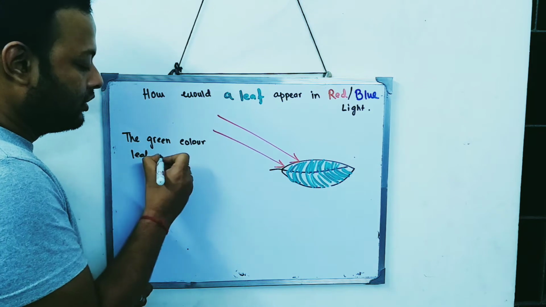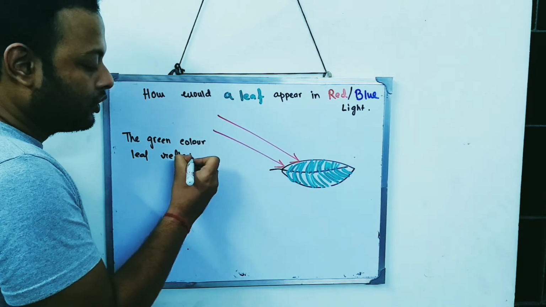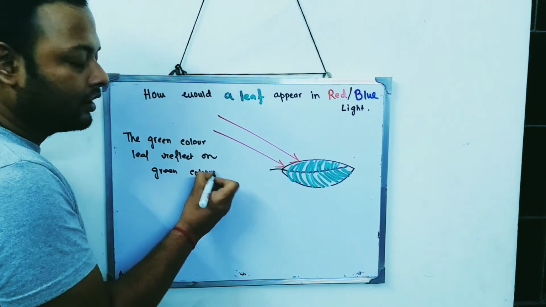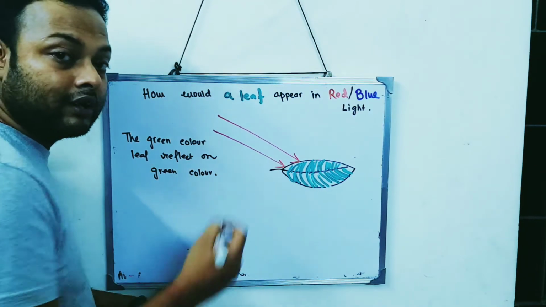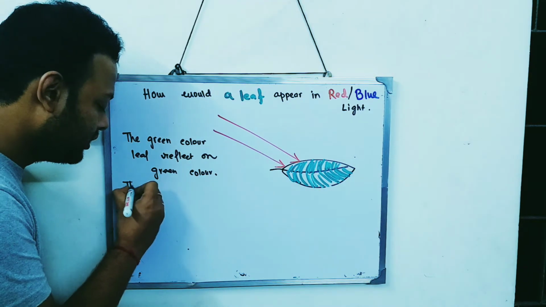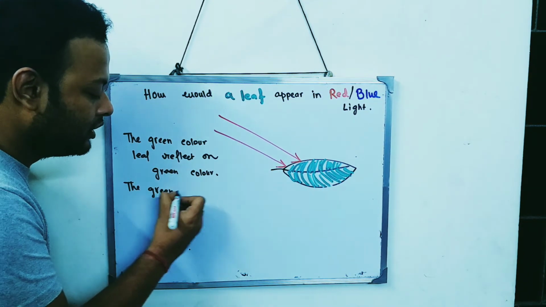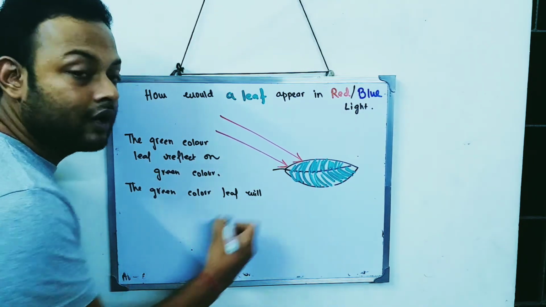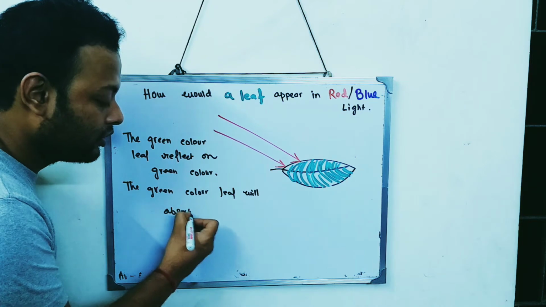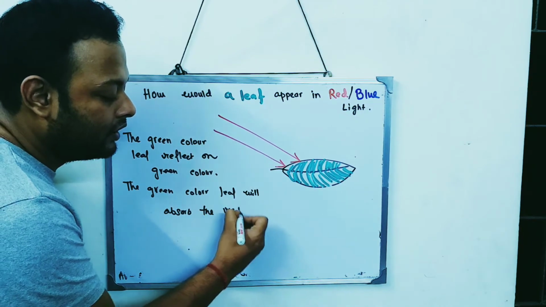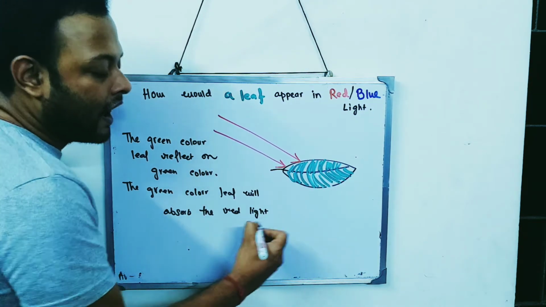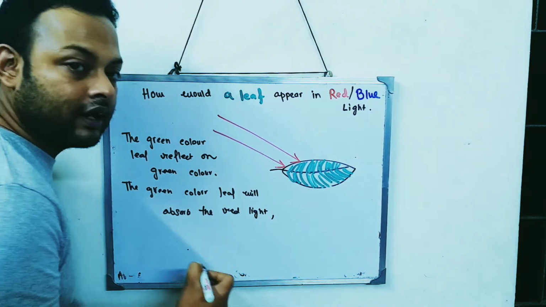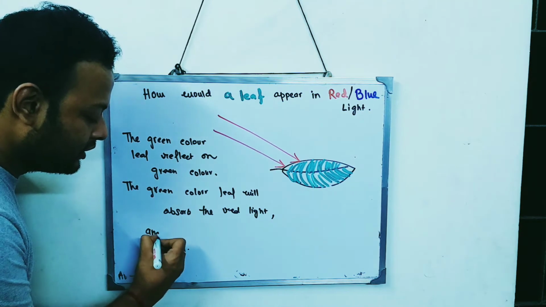The green leaf reflects only that color, green. But over here we are giving what? The red color. So the green colored leaf will absorb the red light, and if it absorbs the red light, then it reflects nothing.